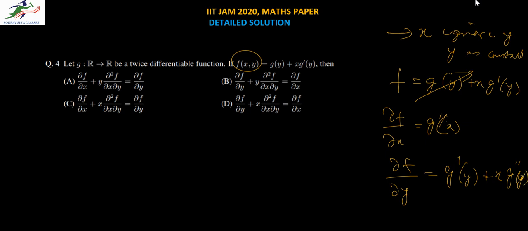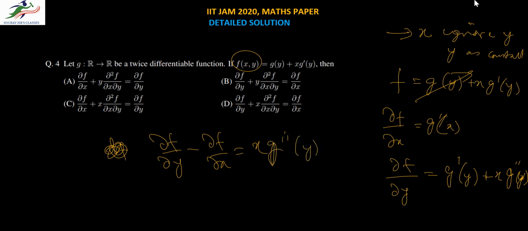So now we get df/dx and df/dy, and we can use the differential of that, df/dy minus df/dx is equal to x g double dashed y, and sorry, this will be g dash of y, not x.